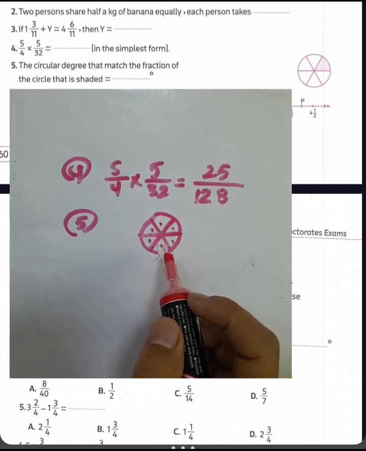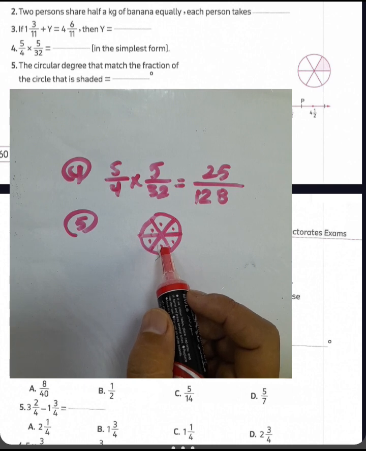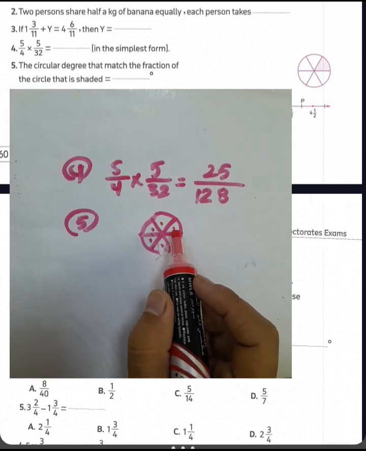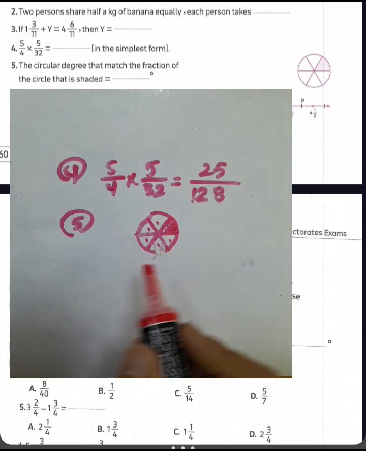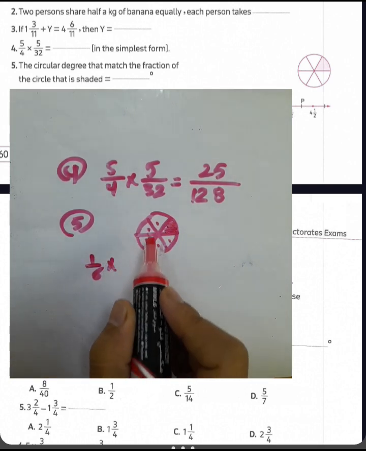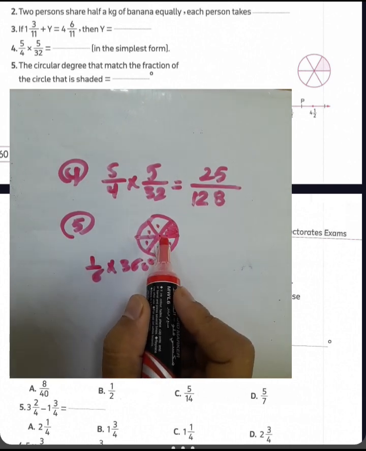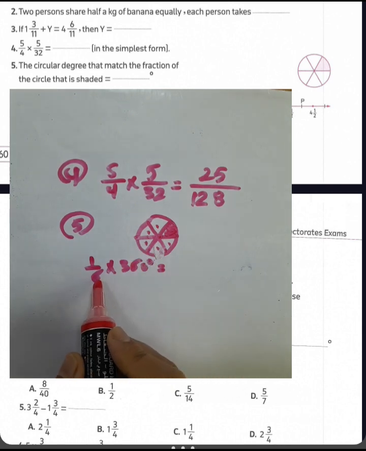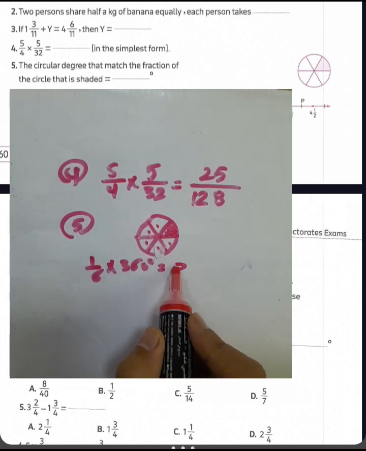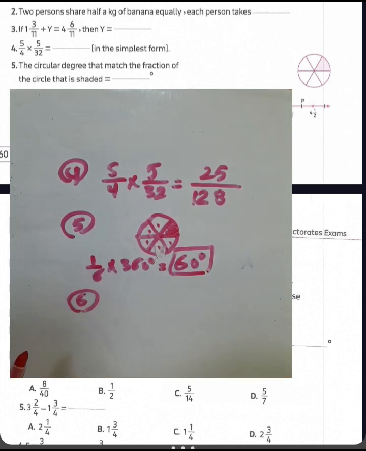Then you want to find the degree of this part. This part colored is 1 over 6 of 360 degrees, because the sum of the angles equals 360 degrees. Then we can write 360 divided by 6, and the result will be 60 degrees. Okay, that was question number 5.